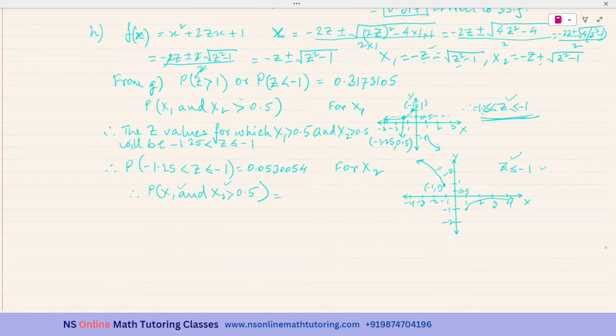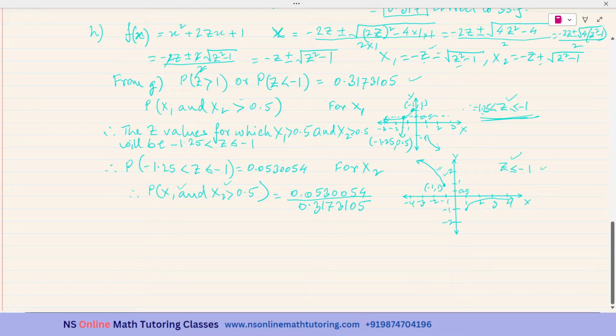So it is a conditional probability: 0.053005 divided by, this is the one that I have to take, 0.3173105.